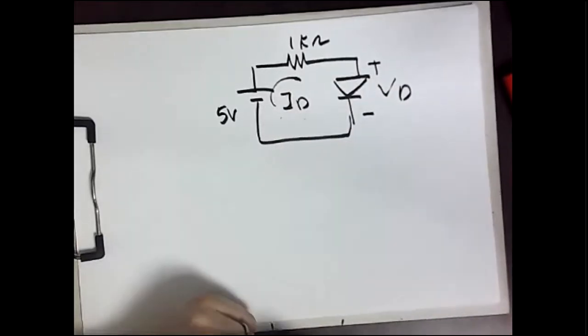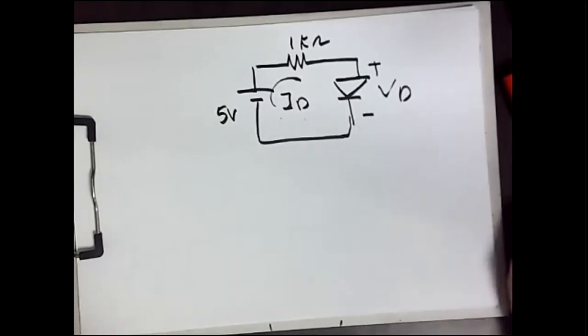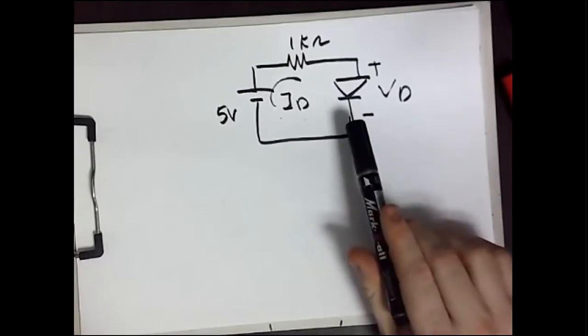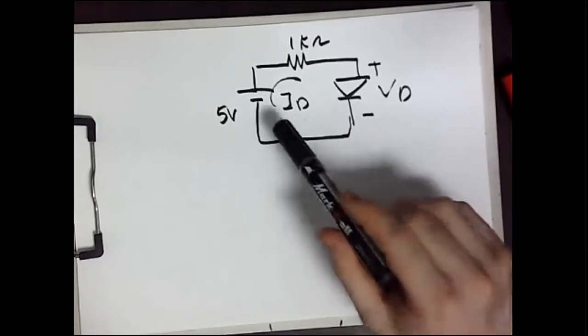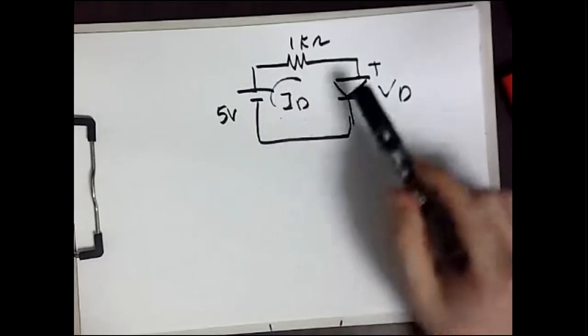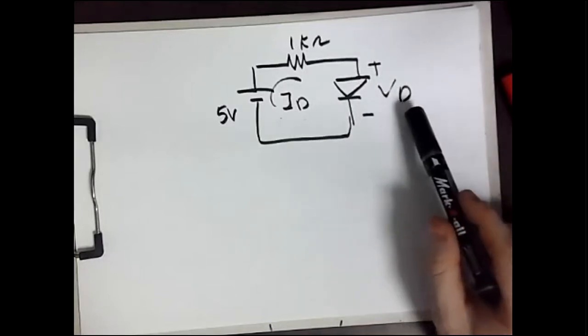In the first stage, we are going to solve assuming that we have an ideal diode. So what we are going to do is as follows. We are going first to check the state of this diode. Is this diode forward or reverse biased? By considering the polarity of the DC source, the current is flowing in this direction. That means that the anode voltage is greater than the cathode, so this diode is forward biased.